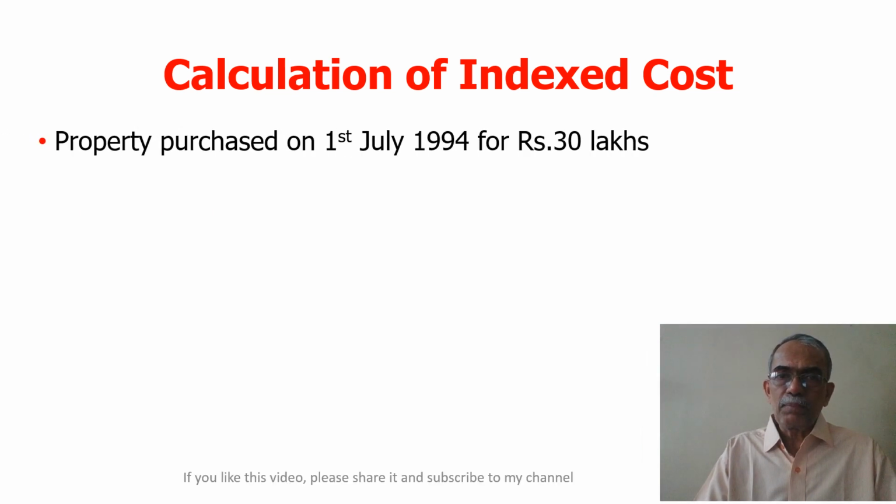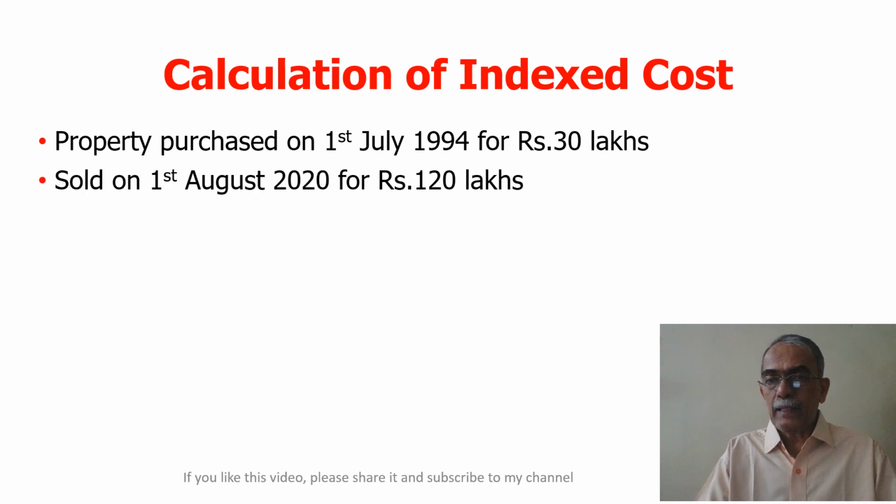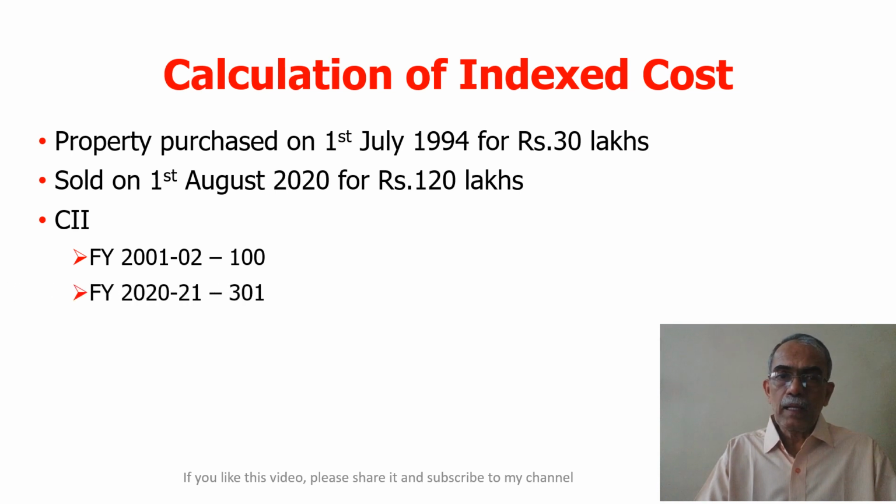To give another example, if the property was acquired before 2001, say in the year 1994, purchased for 30 lakhs and sold for 120 lakhs in August 2020, let's look at the inflation index. 2001-2, that is the base year, is 100, and for 2021 it's 301.